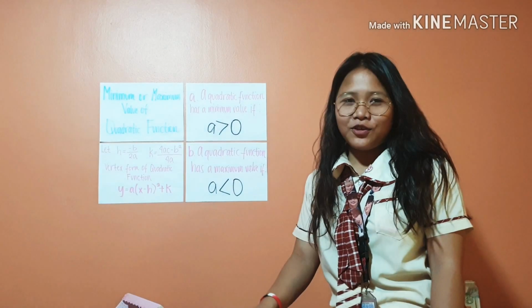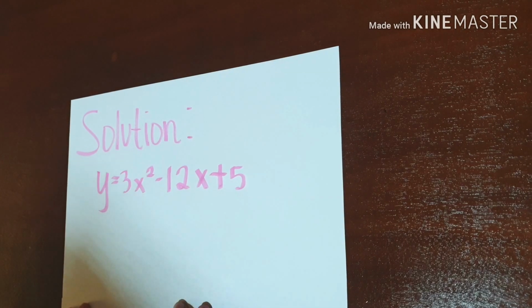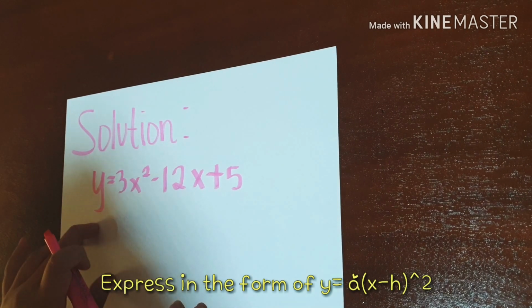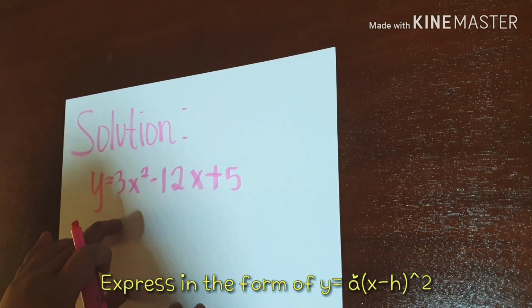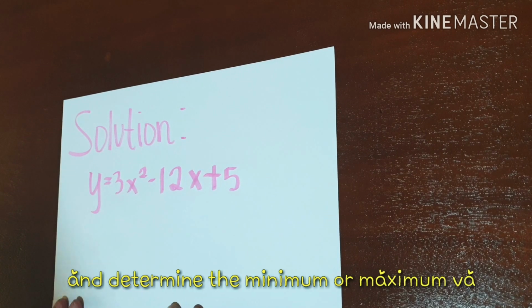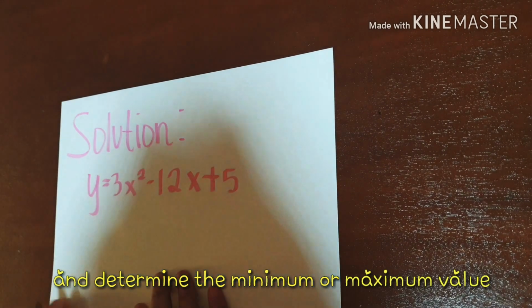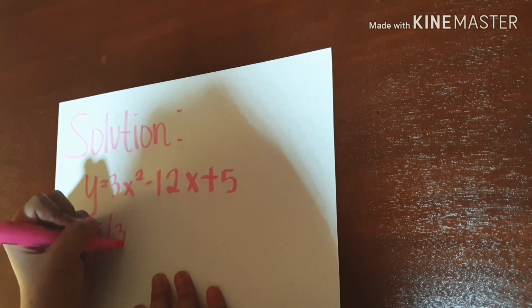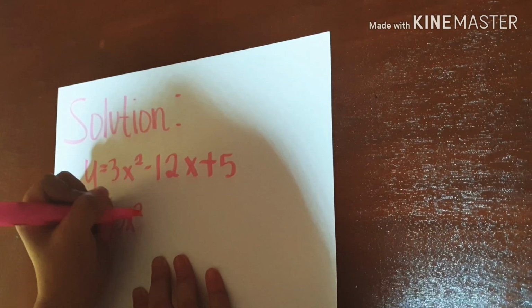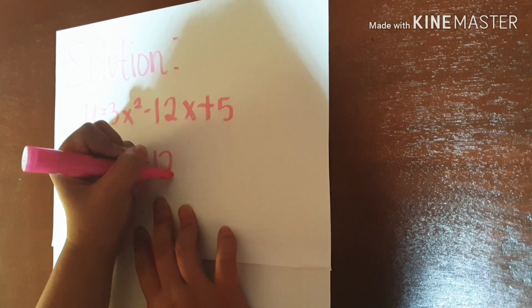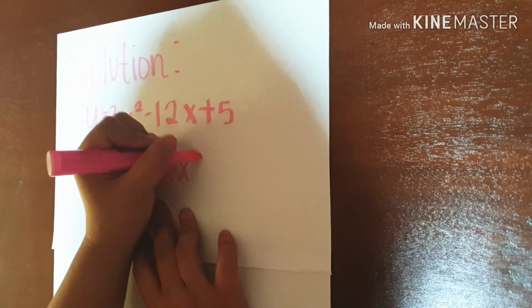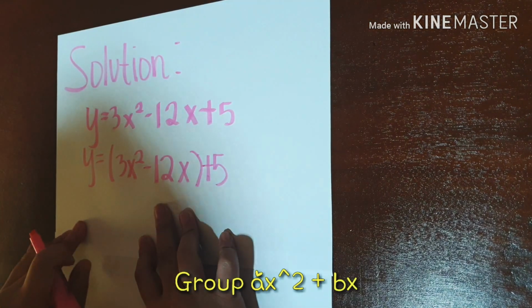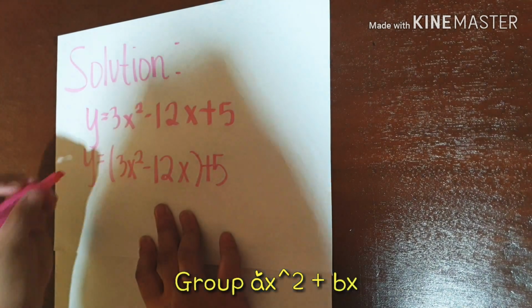Now, I'm going to show you my solution. Here's my solution. I already expressed it in the form of y is equal to a times x minus h, and identify the minimum or maximum value. Now, I'm going to group x squared plus bx.